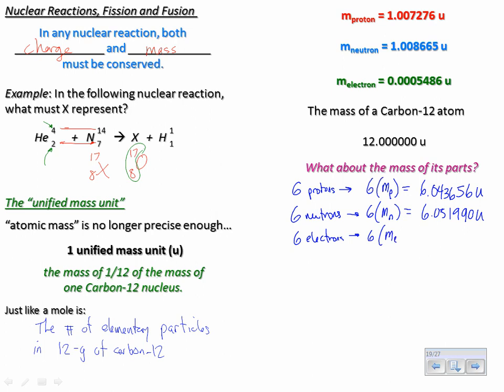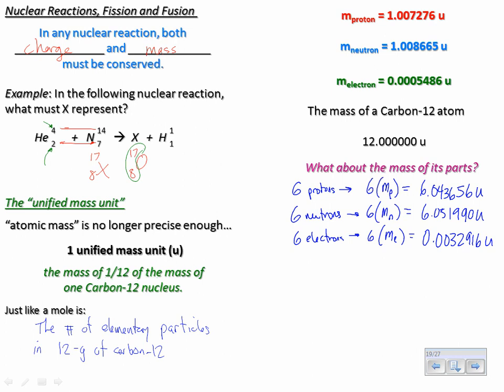So 6 times the mass of an electron, 6 times 0.0005486, is 0.0032916. Well, you may notice that if we were to add all these things up, that's more than 12.